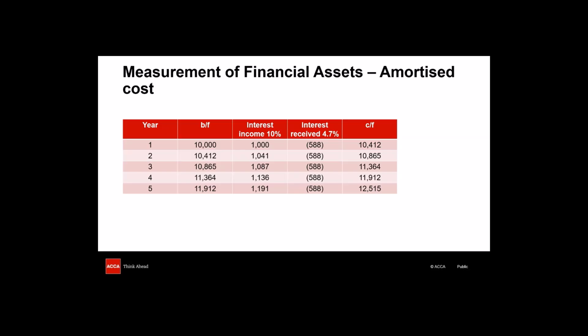But it is always possible that the examiner asks you to provide the figures at the end of year 2 or at the end of year 3. Now, in that case, you have to make the schedule till the end of that year to identify the interest income, interest received, and the carried down balance. So please see the dates very carefully.